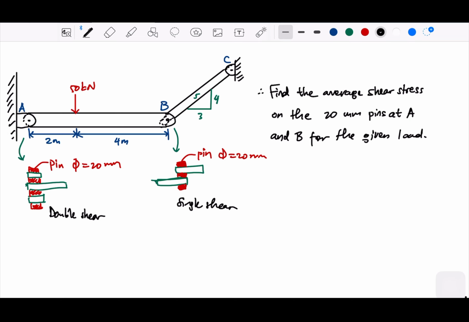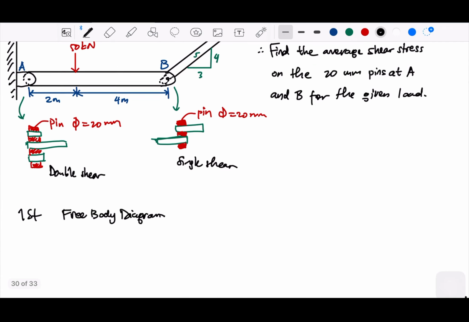Let me help you with the diagram. So first step, always start with the free body diagram. And this principle will stay as it is every time we solve most of the problems we have in mechanics.